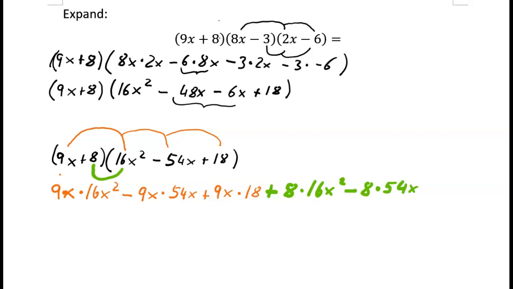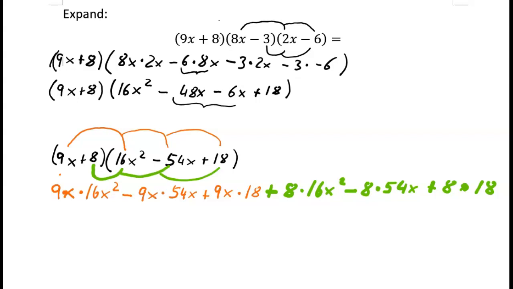That's the second part. And the third part, plus 8 times 18. Right, so a lot of stuff to work out.